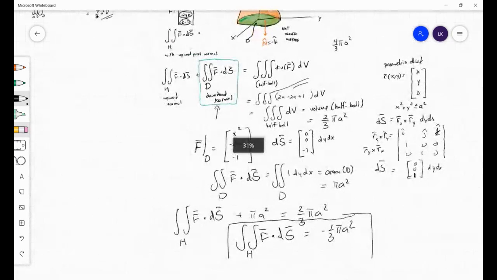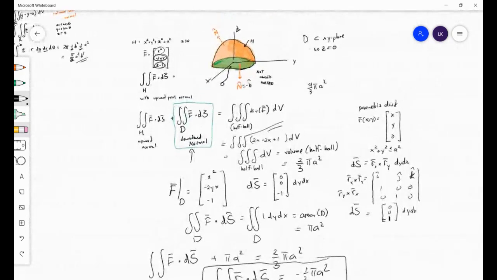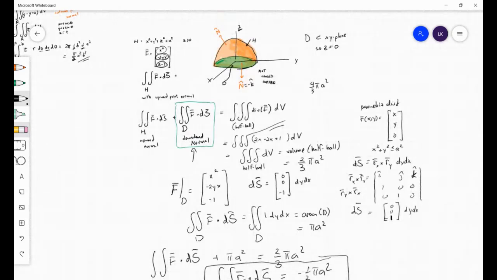We couldn't use divergence as the problem was stated, but we simply created a closed surface. And it turned out that it was easier to do the flux integral through that face, that surface we introduced, as opposed to the original surface that we had.